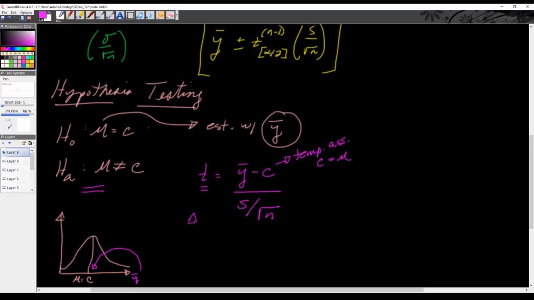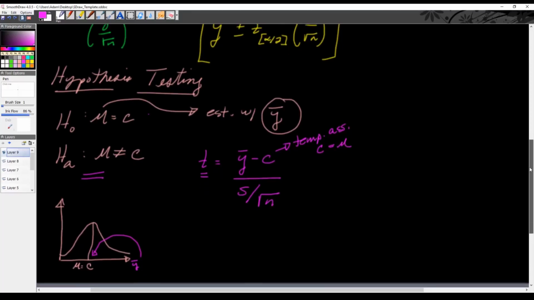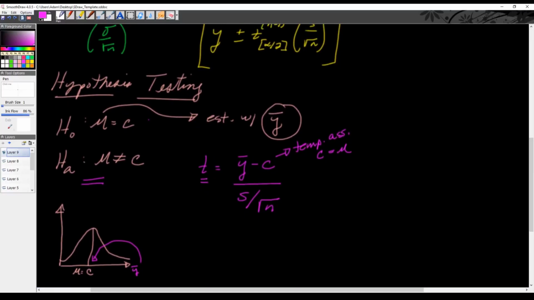So if we temporarily assume that mu is equal to c, and we get a sample value past the critical value, which includes 2.5% in each tail, that's going to happen 5% of the time by chance.